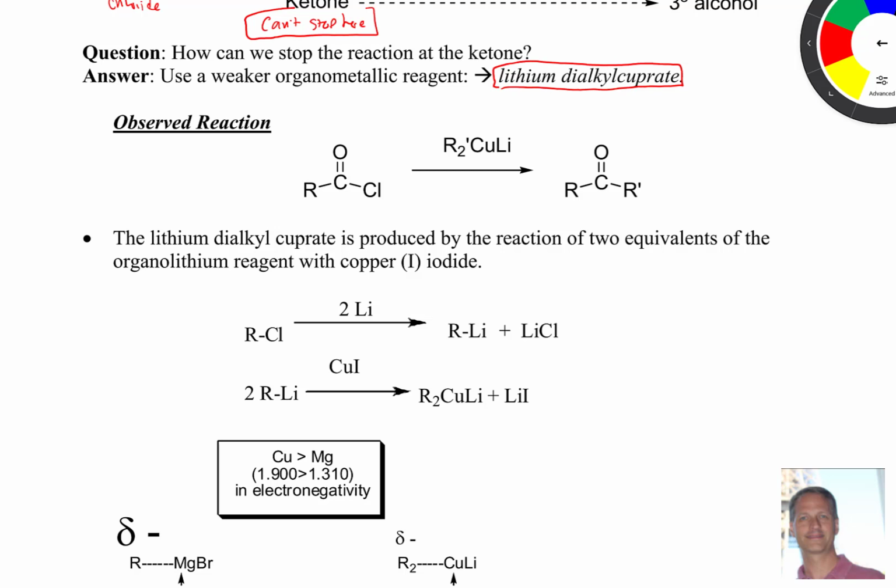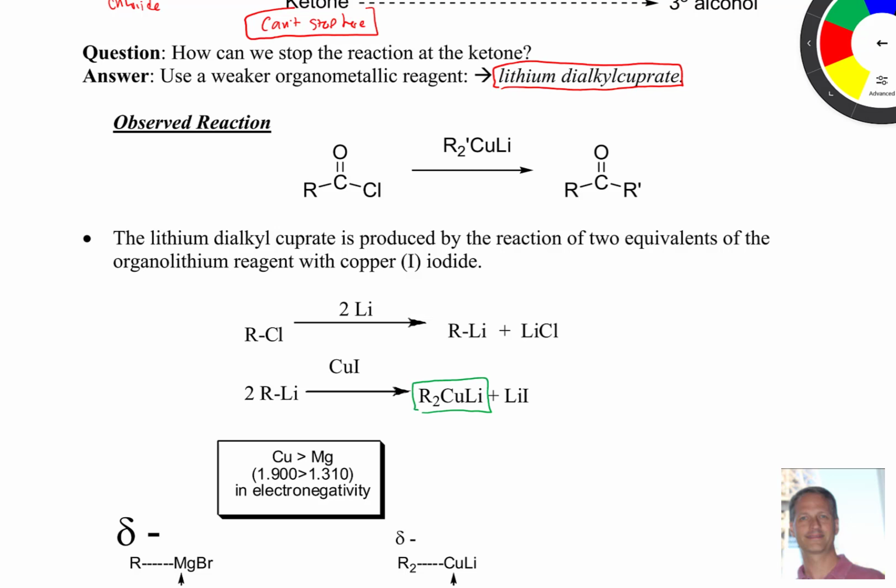And the way that we make organolithium reagents is that we take our alkyl halide, we add lithium, and you get RLi, and then we take that, we add CuI to get R2CuLi.